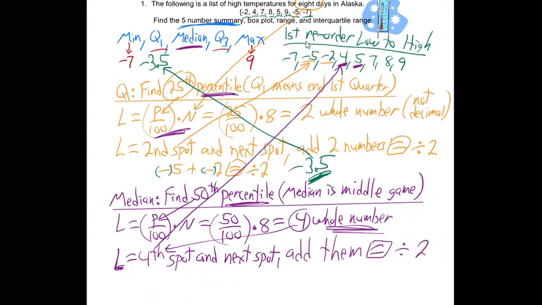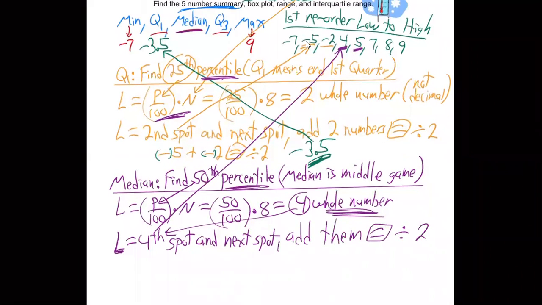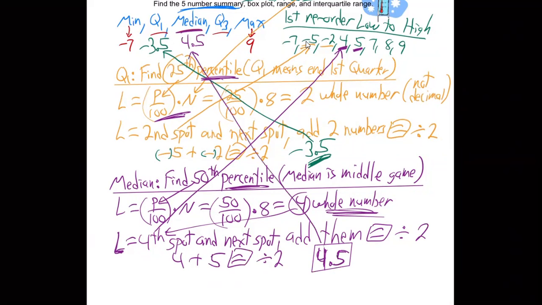Notice you take the average of those two numbers. So that's 4 plus 5, equals, divide by 2. The answer comes out to be 4.5, doesn't it? Are we good there? For the median, 4.5.